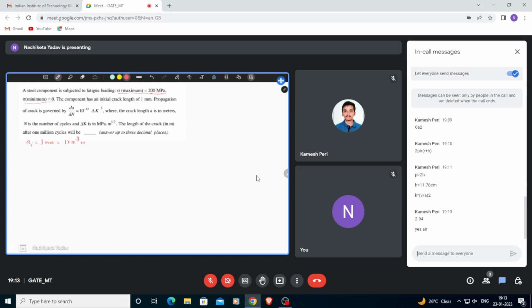Propagation is governed by this equation, where crack length a is in meter, n is number of cycles, and delta K is in megapascal. The length of the crack after 1 million cycles: so we just have to integrate from 0 to 1 million cycles. We will find the final crack length.